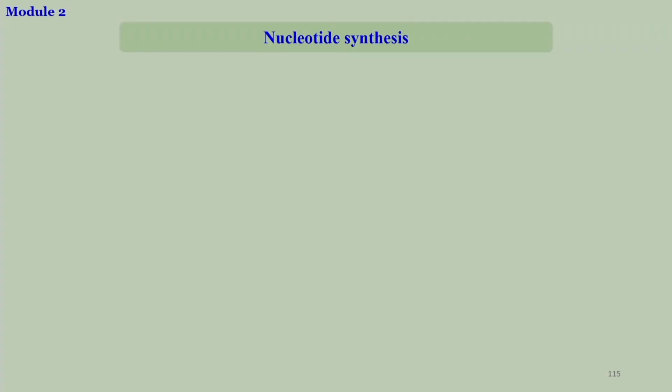So this is one of the ways people nowadays use for selective protection of the 3' hydroxyl group. So now this is for nucleoside synthesis, and we have already done this, and this is the sugar chemistry. Now today I will come back to the nucleotide synthesis.